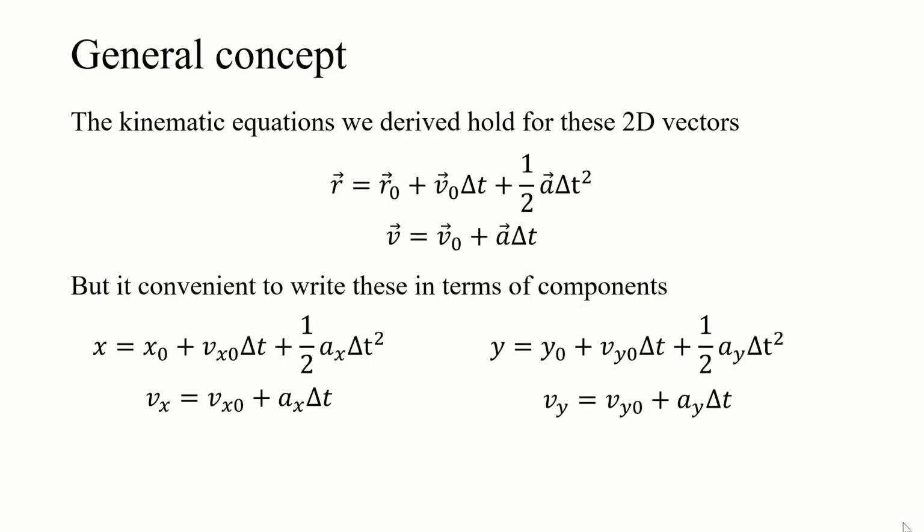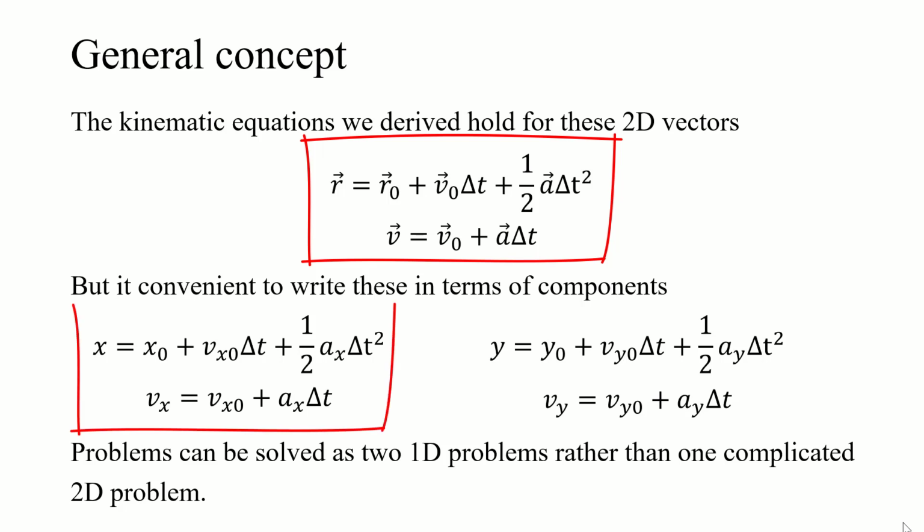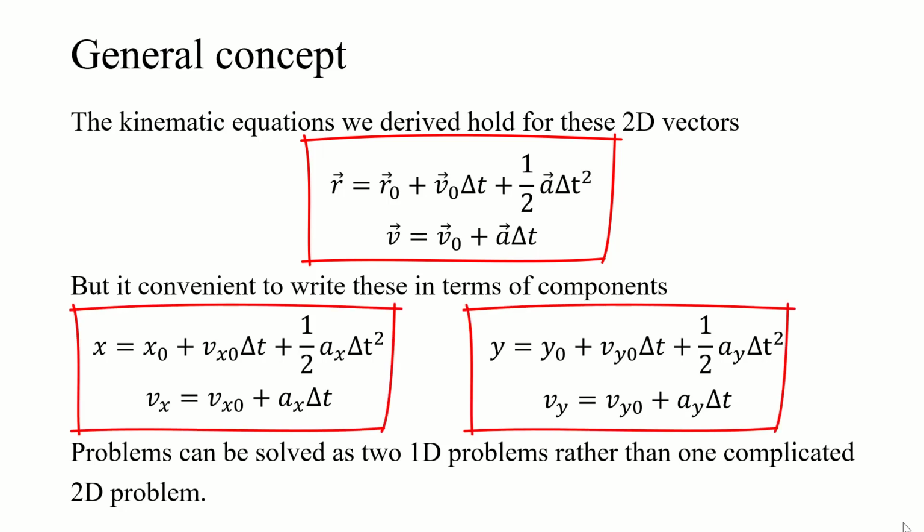What we've done is we've taken one complicated equation that has 2 dimensional vectors in it, and we've split it into two equations that are simpler, in that all the terms in them are just 1 dimensional components rather than vector terms. And what we're essentially doing when we use this to analyze problems is taking a complicated 2 dimensional problem and simplifying it into two 1 dimensional problems that are related somehow.